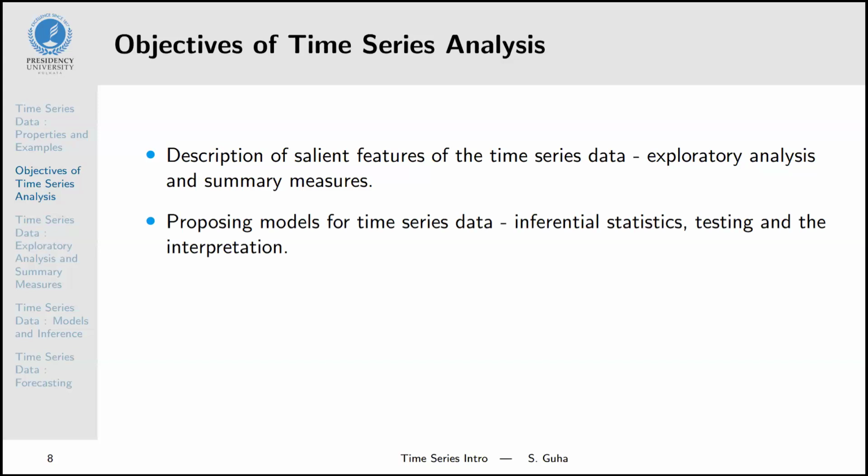Inferential statistics means you perform some test, maybe a t-test or some non-parametric test like the Kolmogorov-Smirnov test, and then report the p-value. Just doing exploratory analysis and reporting descriptive measures won't help you much, because they will just tell you some numbers, but they don't tell you how reliable those numbers are.